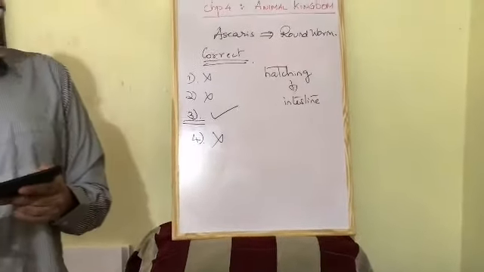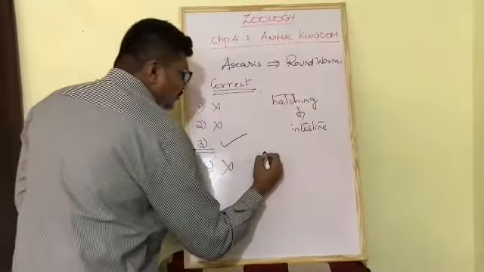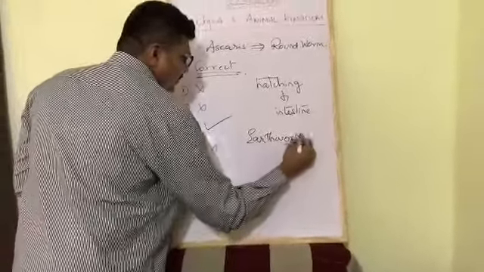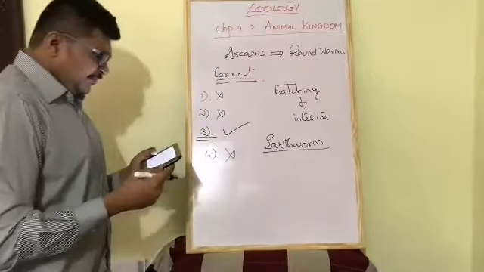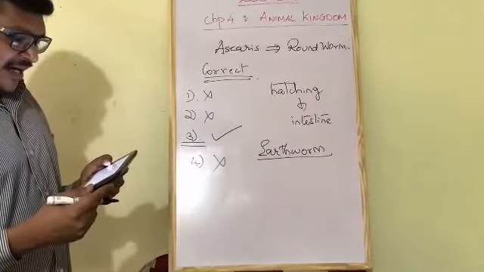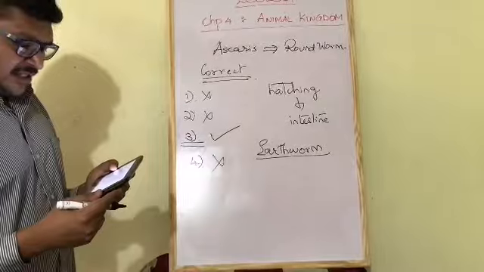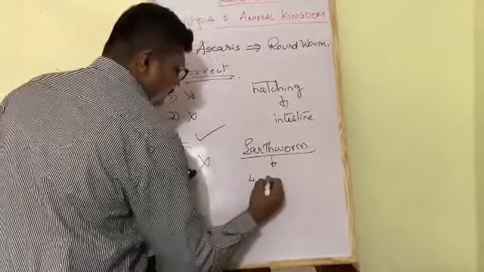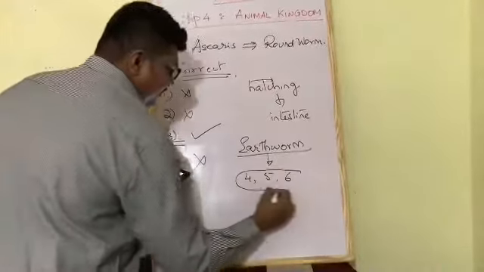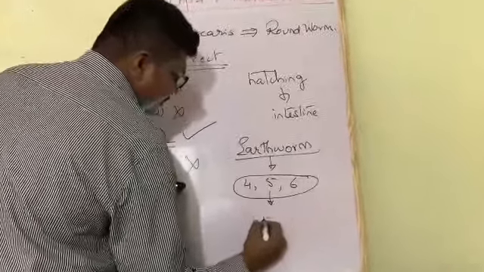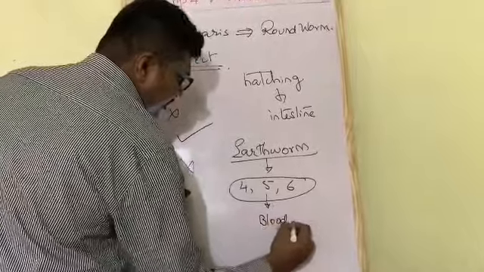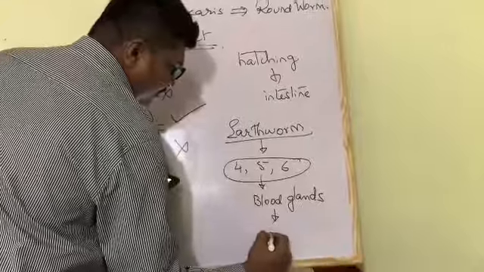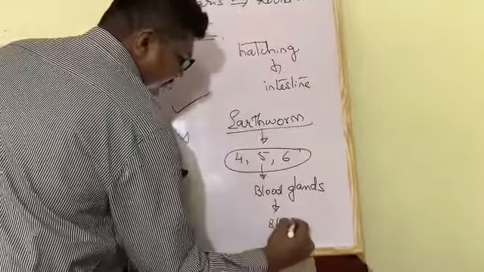Question number 12 says in Pheretima. Now I hope everybody knows that Pheretima's common name is earthworm. It belongs to phylum Annelida. In Pheretima there are red colored round bodies in 4th, 5th and 6th segments. Before that I want to tell you that the red colored glands which can be seen in the 4th, 5th and 6th segments are called blood glands, and these blood glands are going to produce blood cells.